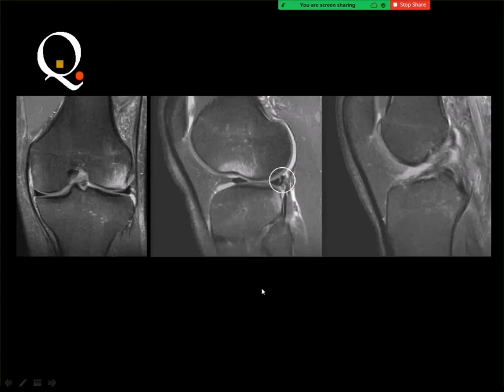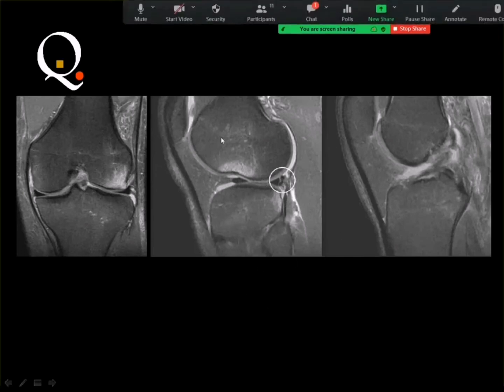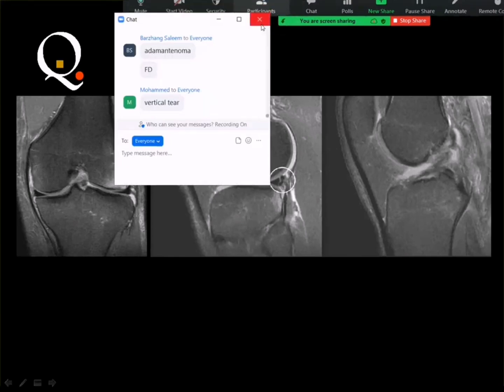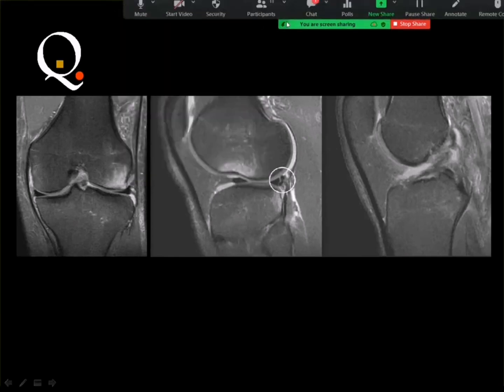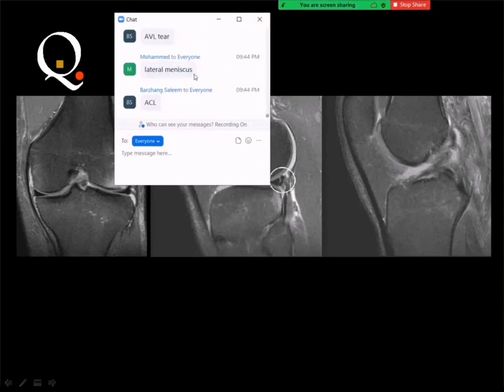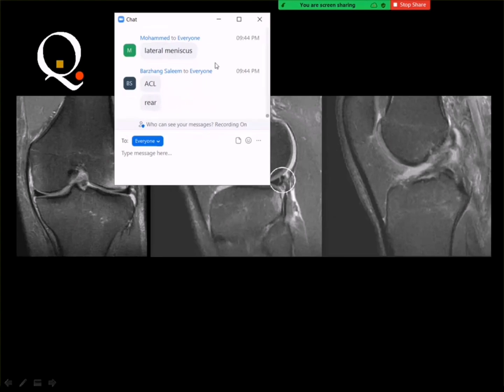Then this is MRI of the knee, and this circle shows the pathology in the meniscus, and also you got other lesions here and there. Vertical tear of what? Vertical tear of the lateral meniscus and ACL. What do you mean by ACL tear?